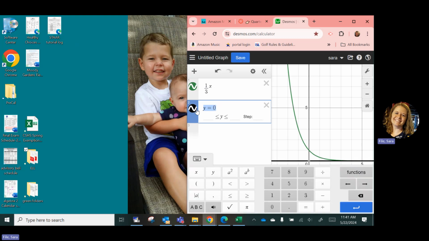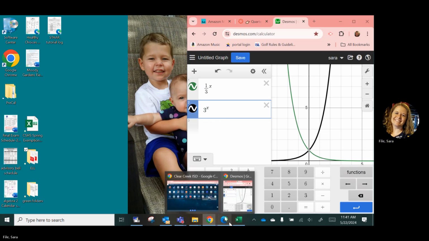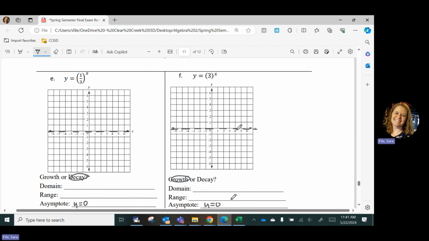And then see what happens if you make it a base 3. Now it reverses direction. We said it's going to be growth, but notice they cross the y-intercept at the same place. They both have the y-intercept still at 1, but this one is growth, and this one is decay.